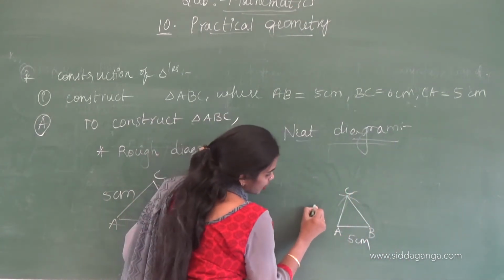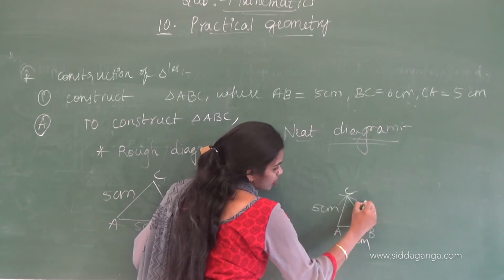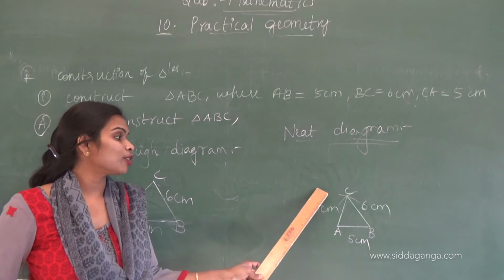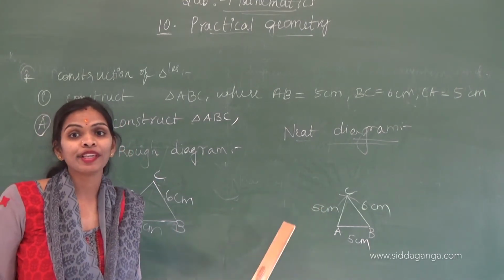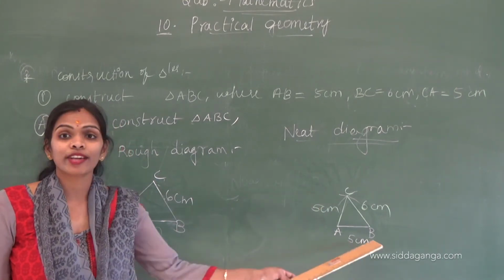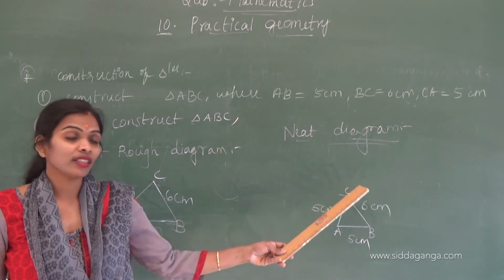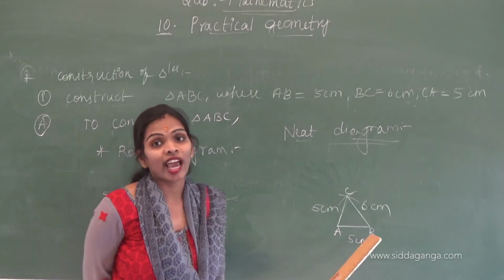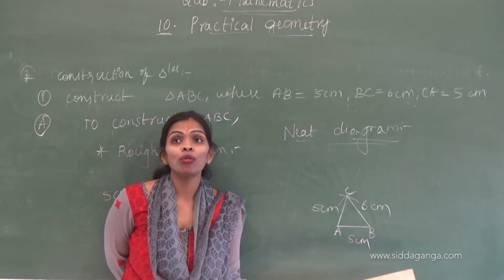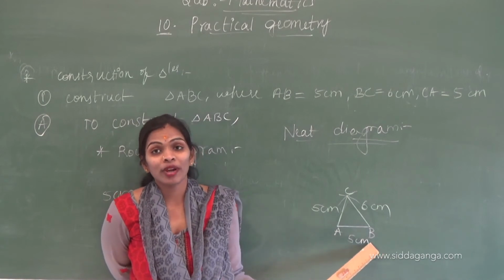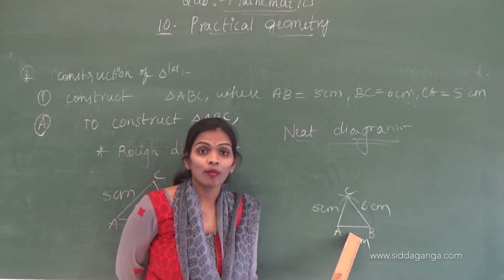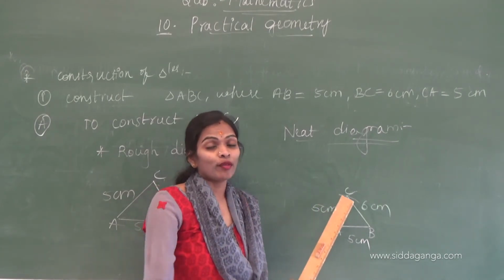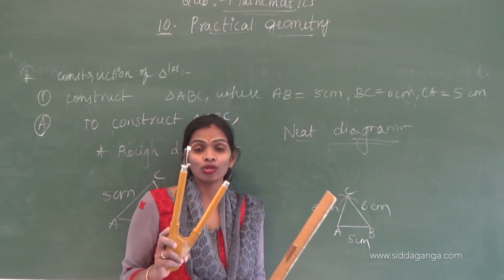AC is 5 centimeters and BC is 6 centimeters. This is the construction of a triangle ABC with AB as 5 centimeters, AC as 5 centimeters and BC as 6 centimeters. First I took a line segment AB of 5 centimeters, measured with a ruler.